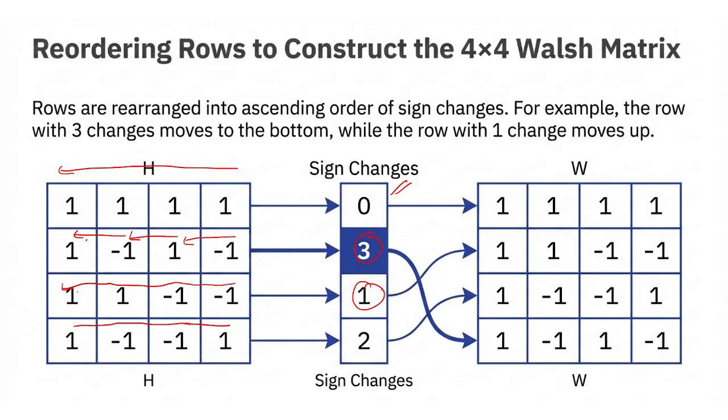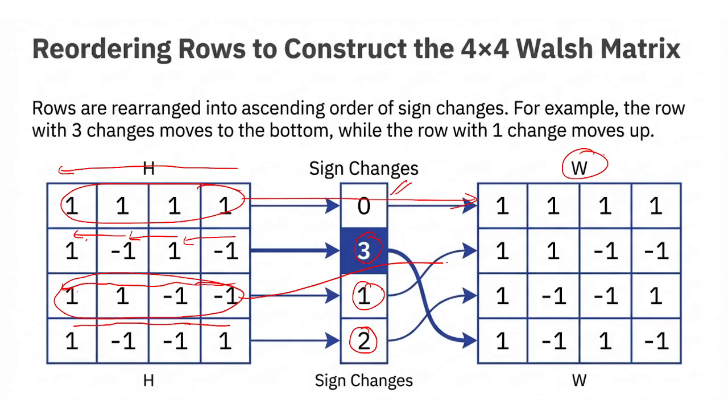So now the Walsh transform would be made. See, this row, since there are no sign changes, it directly goes over here. Then after 0, we get 1, so this goes here: 1, 1, -1, -1.